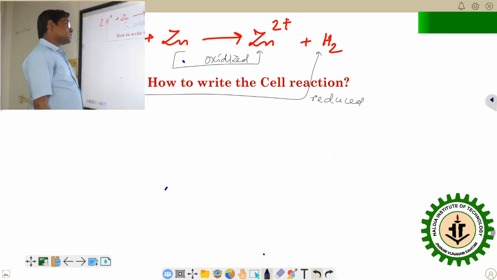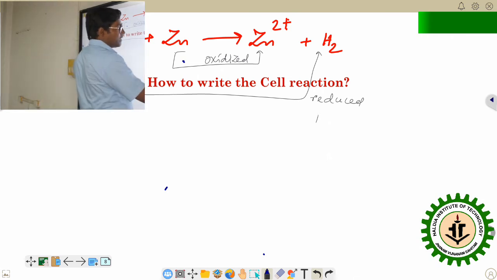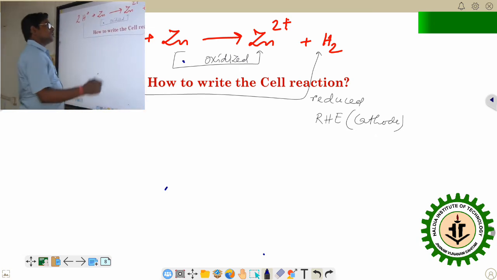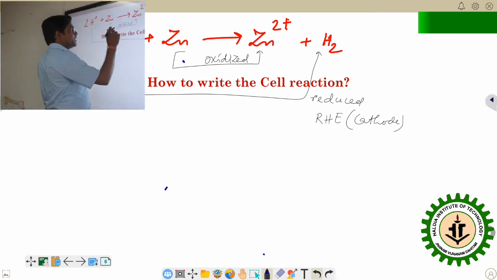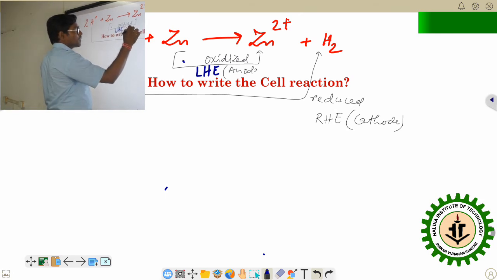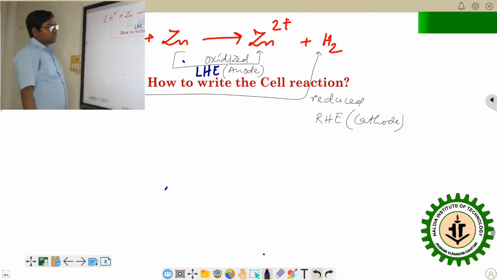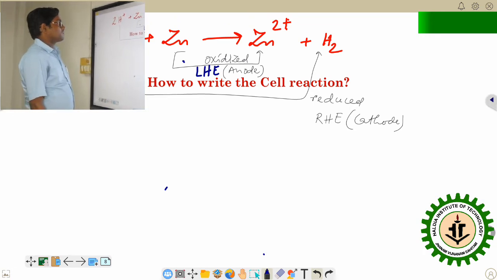All of us know reduction occurs at the right hand electrode, means cathode, and oxidation occurs at the left hand electrode, which is basically called what? Anode. So first we have to choose the pair which will constitute anode and which will constitute cathode.